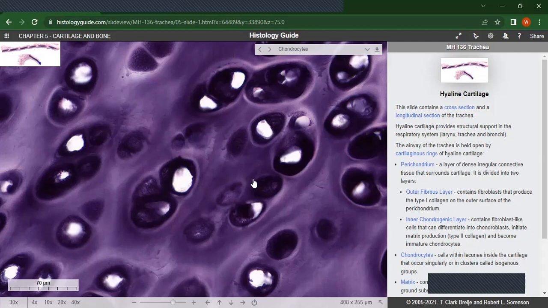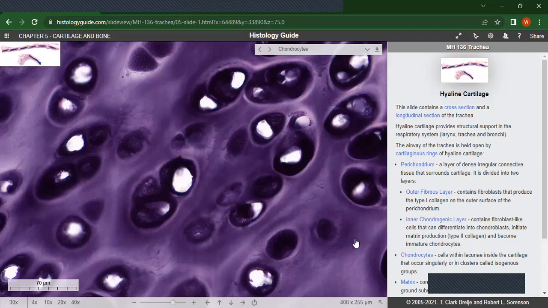Then the extracellular matrix, you discuss the collagen fibers and the ground substance. Collagen fiber, I've said the main is collagen type 2, and collagen type 2 is usually produced in the inner chondrogenic layer.